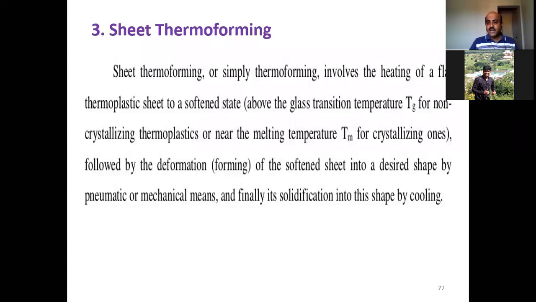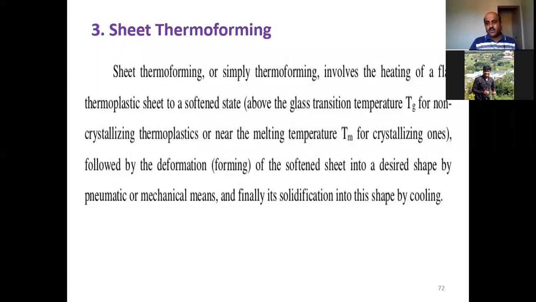It involves the heating of a flat thermoplastic sheet to a softened state, above the glass transition temperature for non-crystallizing thermoplastics or near the melting temperature for crystallizing ones. Once you heat the thermoplastic sheet to a softened state, the softened sheet is deformed into a desired shape by pneumatic or mechanical means, and finally solidified into the shape.